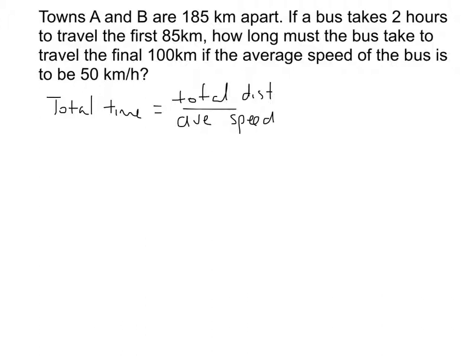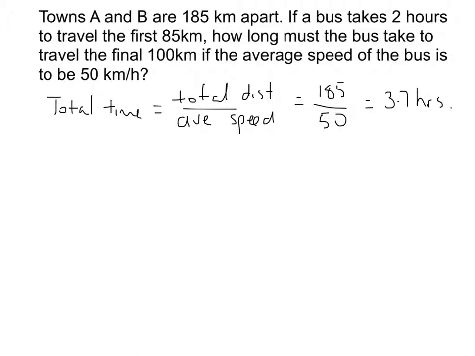Now we know the total distance is 185 and we need the average speed to be 50. So if we go 185 divided by 50, that gives us 3.7 hours. So that's going to be the total time.